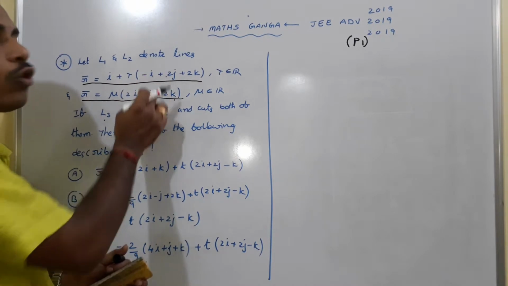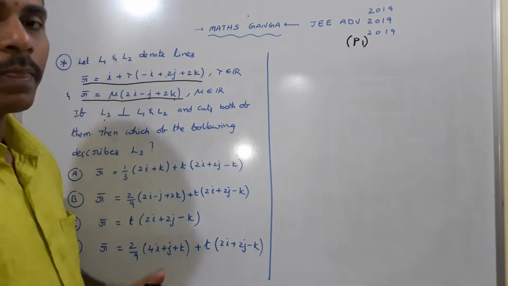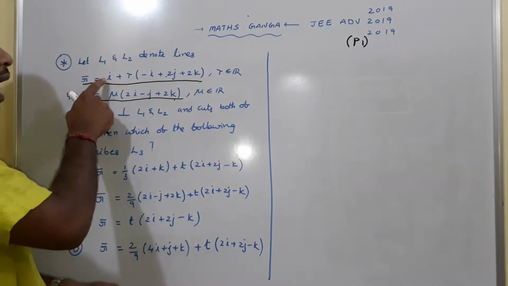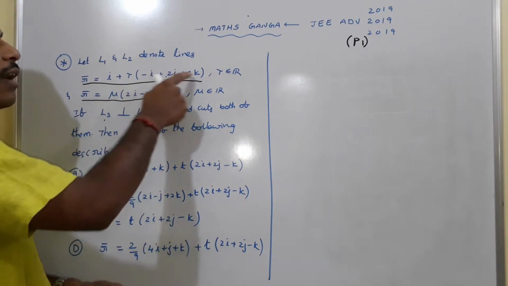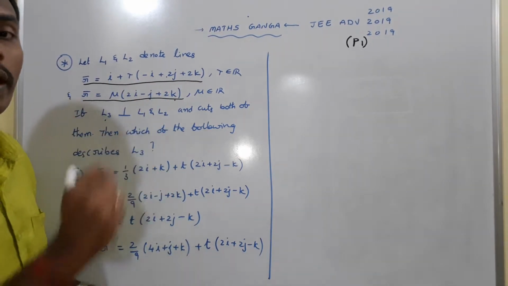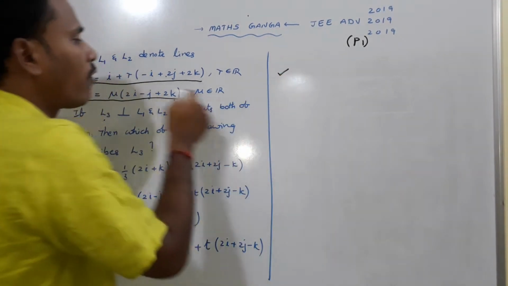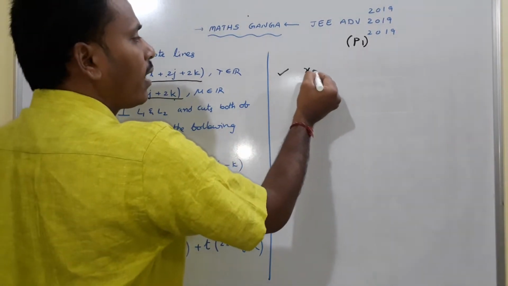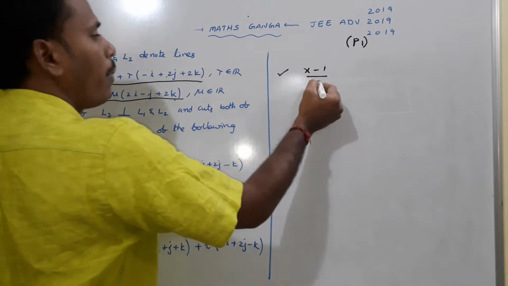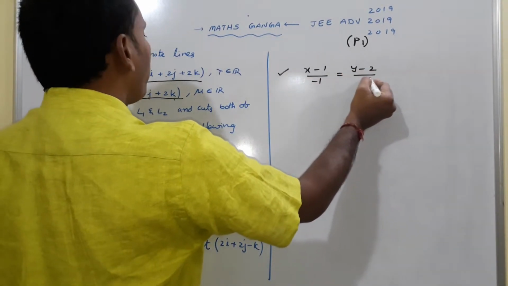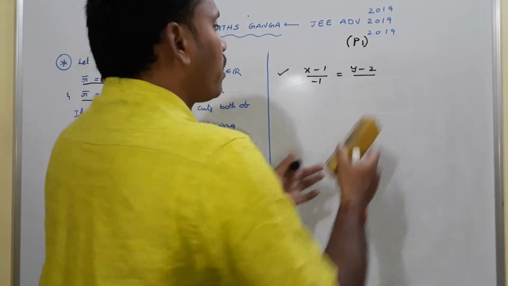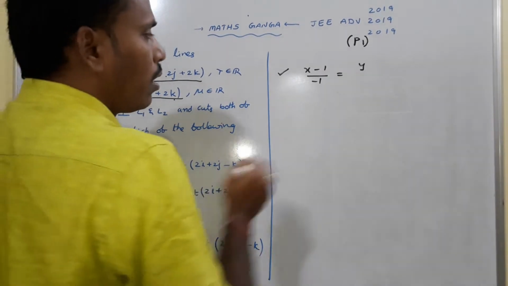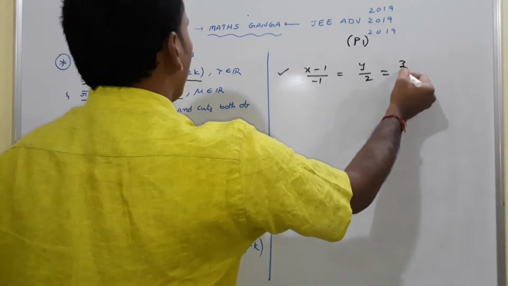First of all, I am going to express the given two lines in three-dimensional Cartesian form. Since r bar equals i plus lambda times this vector, this vector represents the DRs and this i represents the point. So the three-dimensional form for the first line is, we have only i, no j and k, so we write x minus 1 by minus 1 is equal to y minus 0, because related to the point there is no j coordinate, by 2, and that is equal to z by 2.